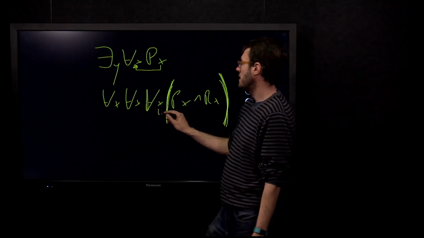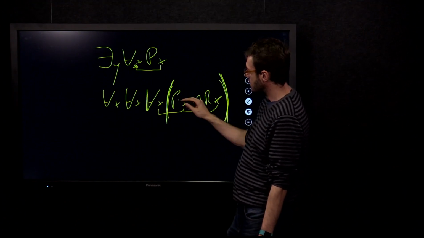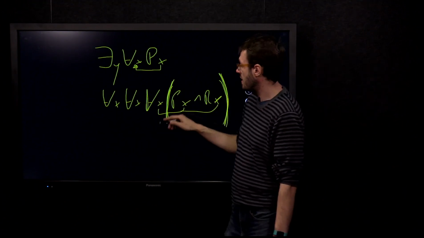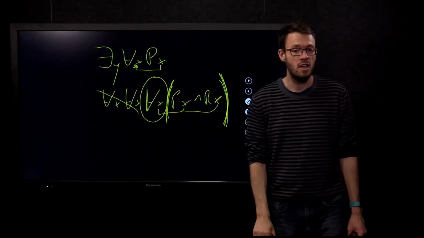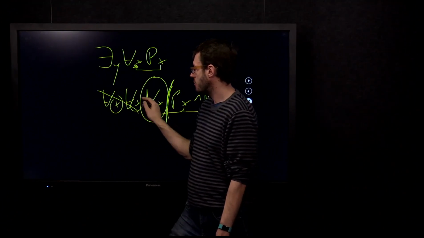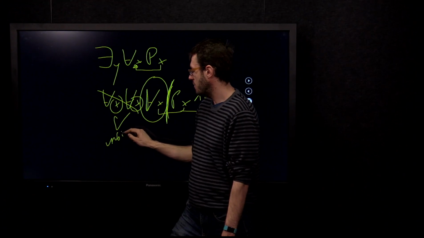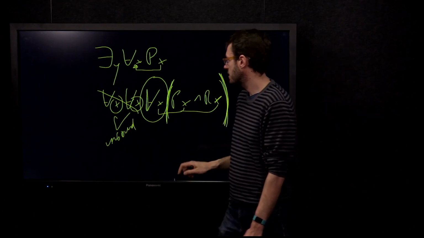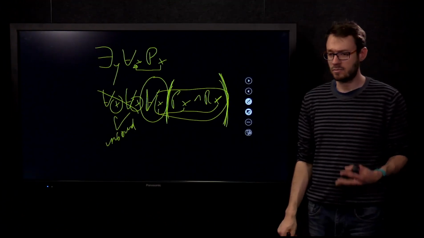What matters is that we understand how the binding works. The x's inside this sentence are going to bind to the first quantifier they meet, this one, and then they're not going to bind to the rest. So those quantifiers out the front are not going to bind to anything, which means that those two variables are going to be unbound in this sentence, whereas all of these three variables are perfectly well bound.